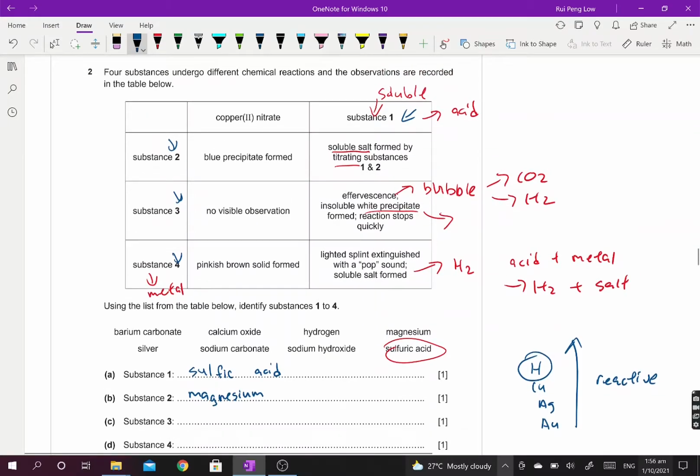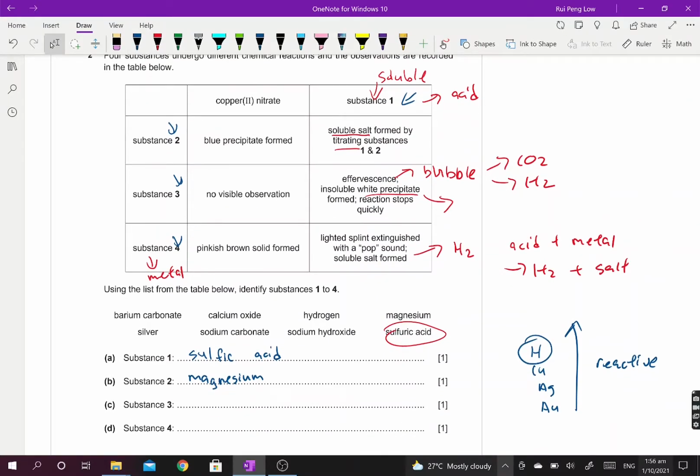Okay, so in this case, we are able to tell something. Substance 3: effervescence, like I said. If it is an acid, what other acid reaction gives bubbles other than hydrogen? Definitely not hydrogen, so I cross it out. In order for you to produce carbon dioxide, it needs to have a carbonate.